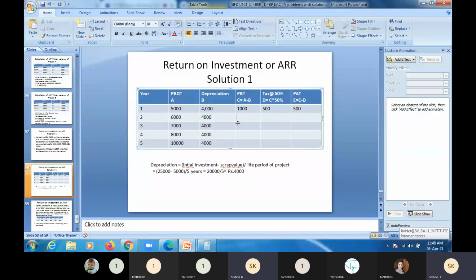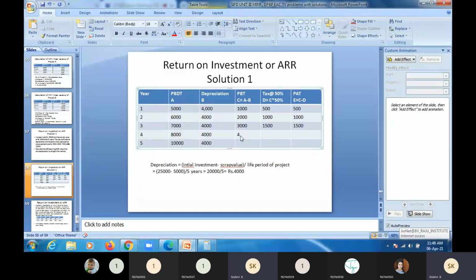So deduct the 4,000 from 6,000, you will get how much? 2,000. 2,000 into 50% will give you 1,000. The remaining value will be 1,000. 7,000 minus 4,000 is 3,000. 50% will be 1,500. The remaining value is 1,500. After tax, the profit is 1,500.